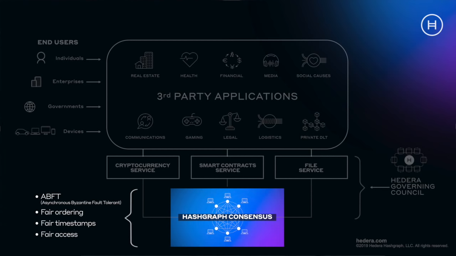And what if it doesn't pass it on? You can give your transaction to several nodes, and whichever one reaches consensus first will count, and the others will just be ignored. So if you want to, you can actually even eliminate the problem of a node just ignoring your transaction you gave it. So we have fairness of access. So ABFT and the three kinds of fairness are something that are unique to Hashgraph, and therefore unique to the Hedera Hashgraph ledger.